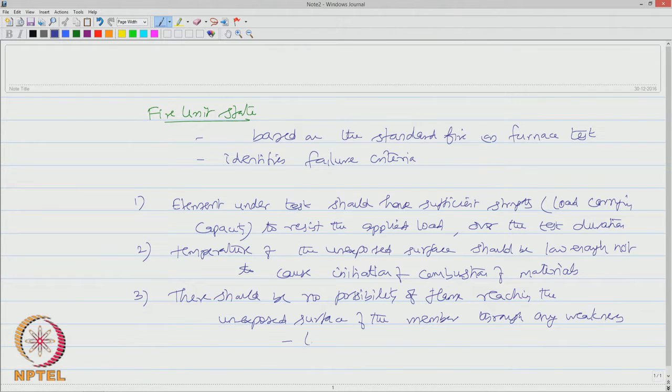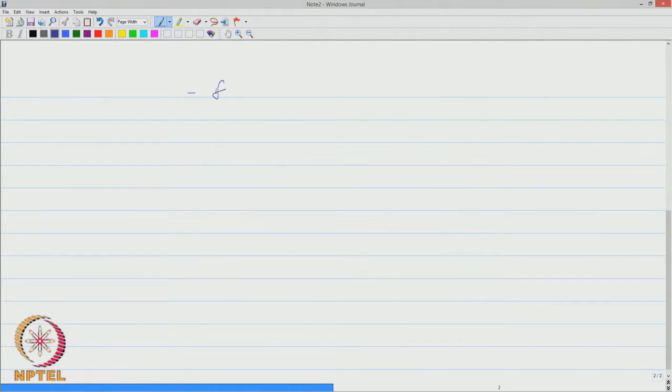The weakness can be loss of integrity of the structure, faulty construction, excessive deformation, etc.